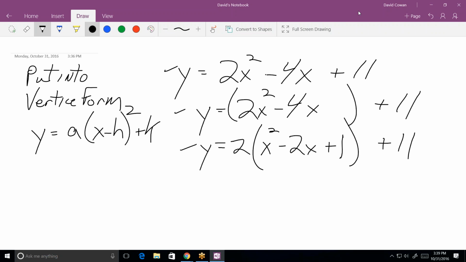You subtracted 1. Oh, I actually added 2, because it's plus 1, but it's being multiplied by this 2 over here. So I really added 2. So now, to balance everything, I've got to subtract 2. With me? Yep. In other words, now this line, the way I've written it, is still exactly the same as the first line.